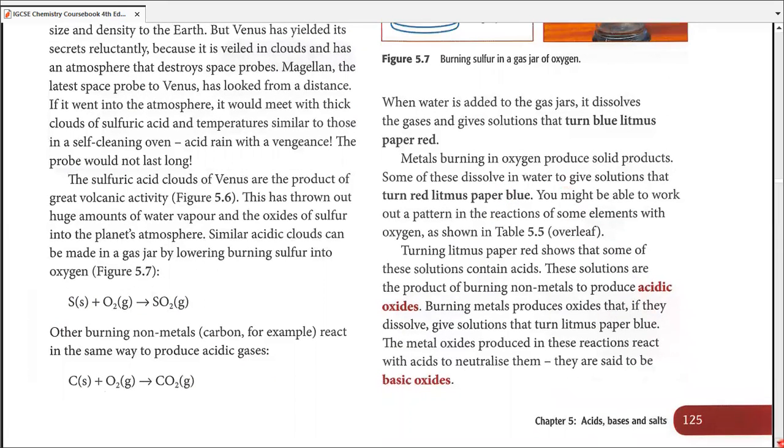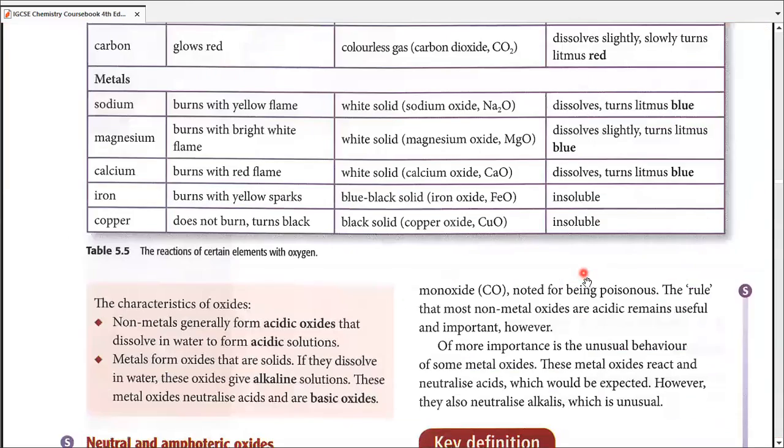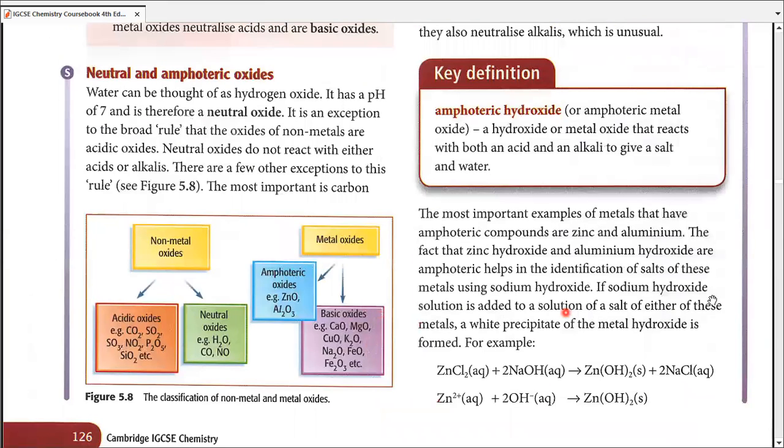So what we're going to do is discuss oxides as a special topic, and we are also going to bifurcate them into different types. To do that, I'm going to start with the bottom of page number 126, where I'm going to add something. Oxides are compounds of oxygen.